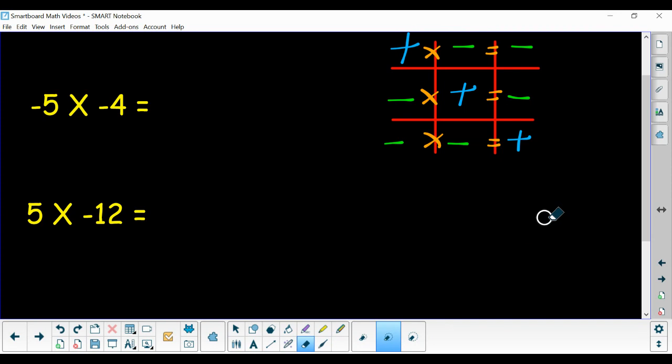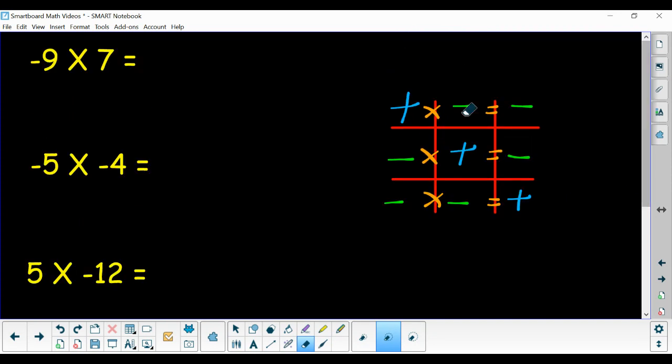So let's go back to the questions. And now that we have our table set up, you can start multiplying. So right here, we have a negative times a positive. Well, let's look at our table where we find where the negative number appears first and the positive number comes second.